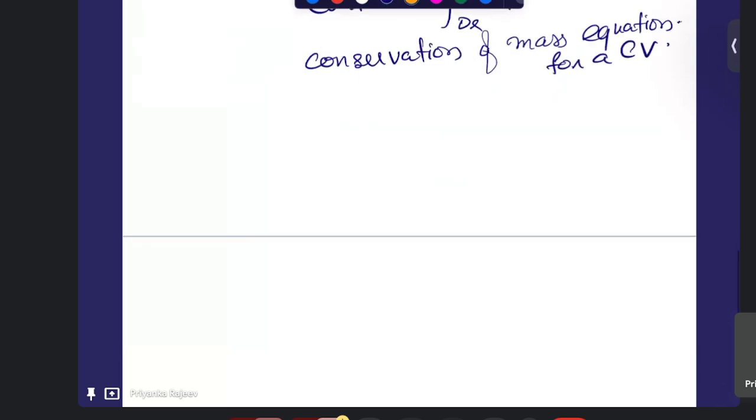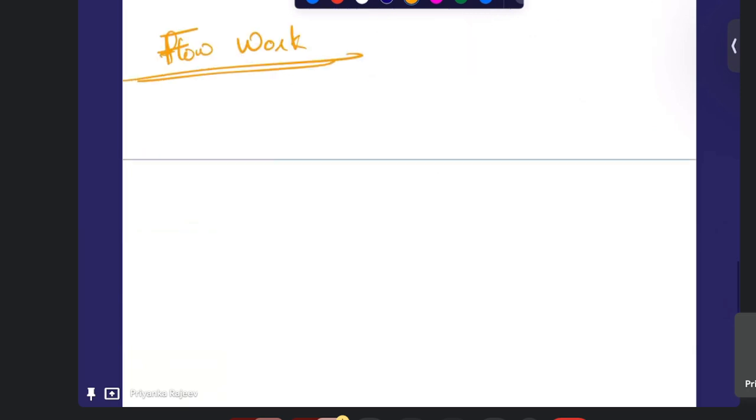So I'll start with flow work. Flow work means there is this element delta mi that I'm taking, that is to be introduced into a control volume or into a system.